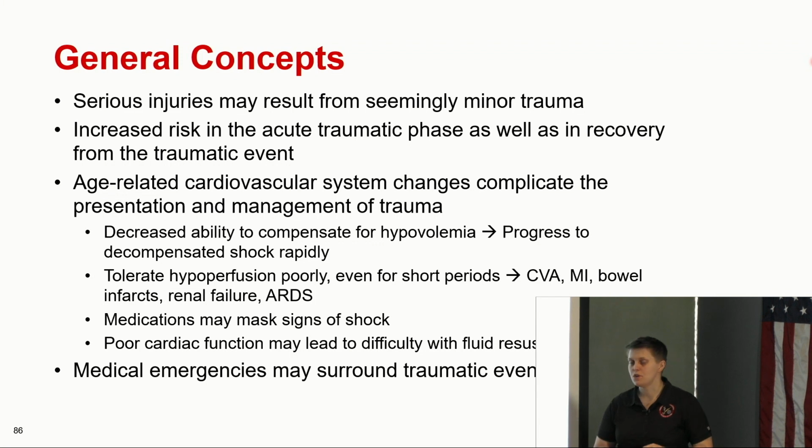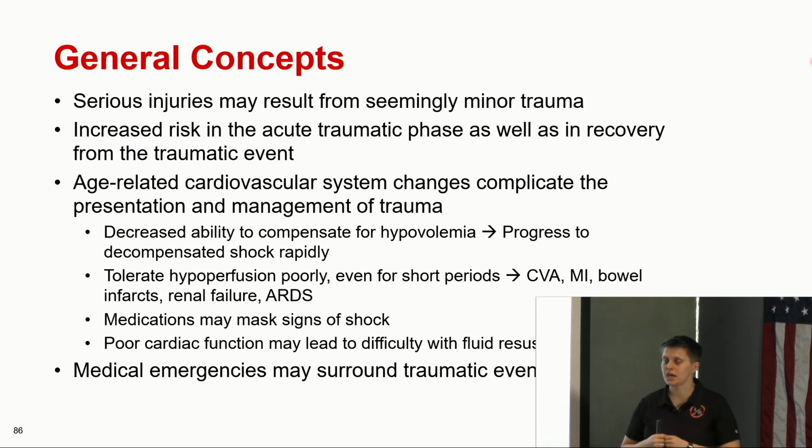They are not only at increased risk in the acute phase of their trauma, but also in recovery from that event. So this is not a one and done for our elderly patients. It has implications moving forward into their recovery. There are changes to the cardiovascular system, like we've discussed, that make it difficult to understand the presentation and then also manage elderly trauma patients.